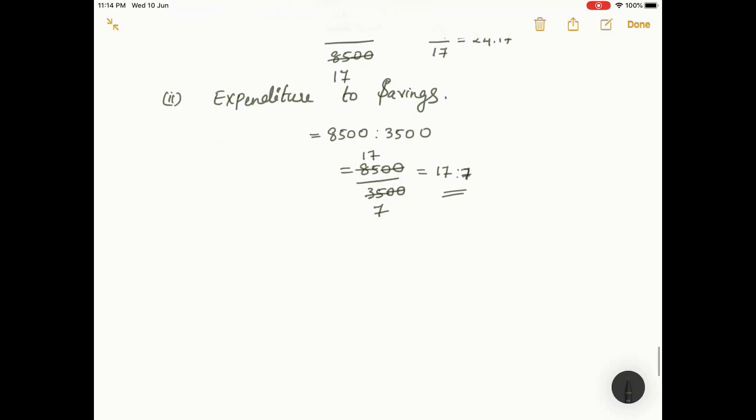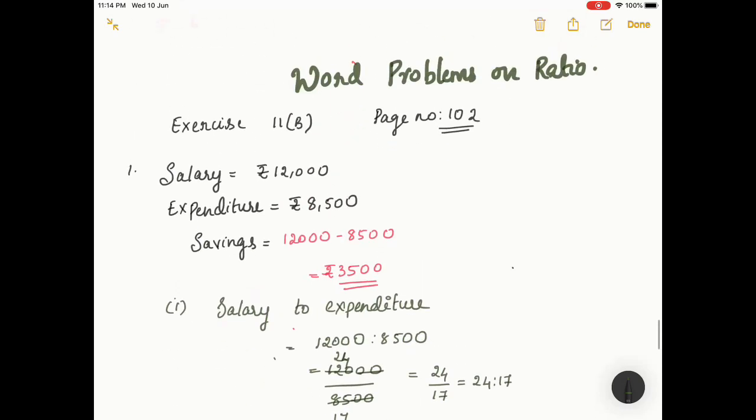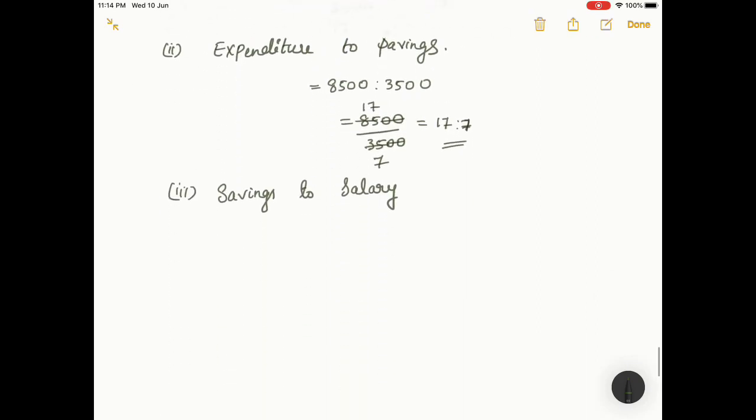Okay. Now let me do the third sub question of it. What's the third sub question given? Savings to salary. Again, have a look at the question. What is the savings? 3,500. Salary is 12,000. So, whatever is given first, that should be written first.